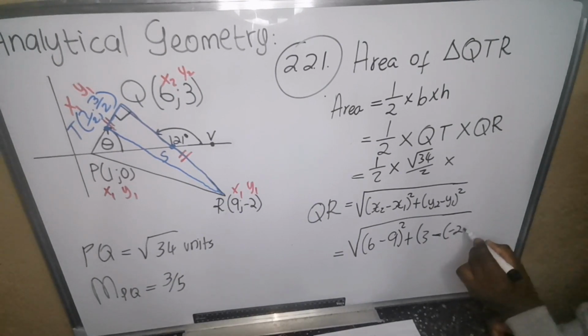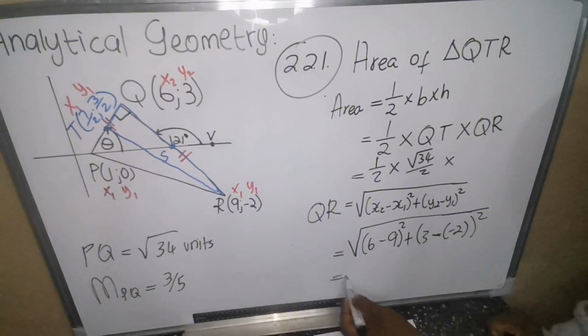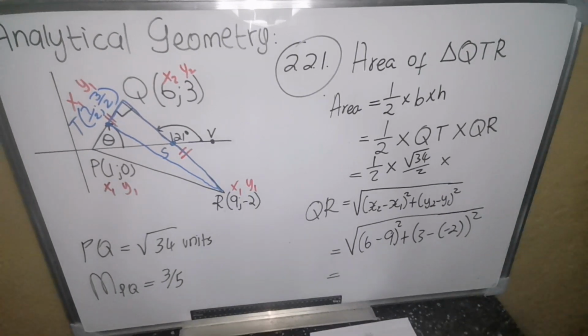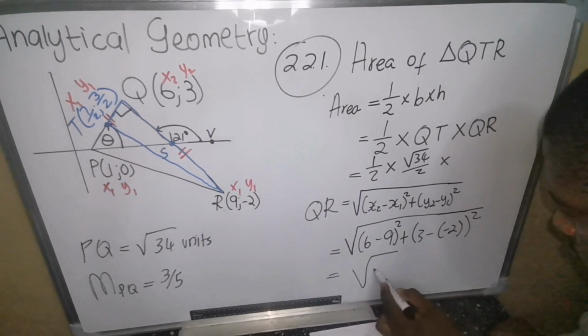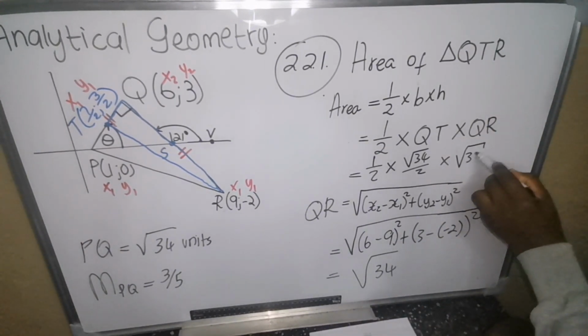So it's going to be negative 2 inside the bracket. We close the bracket, squared. Thank you guys. Very important to introduce brackets whenever you've got a situation like this one. So I'm going to get the square root of 34. So the length of QR is the square root of 34.